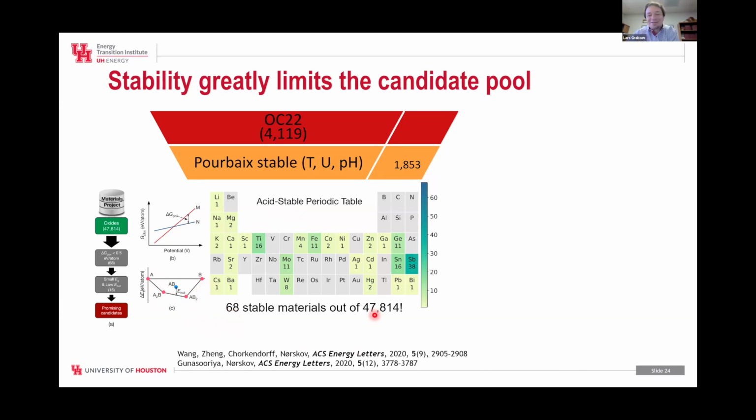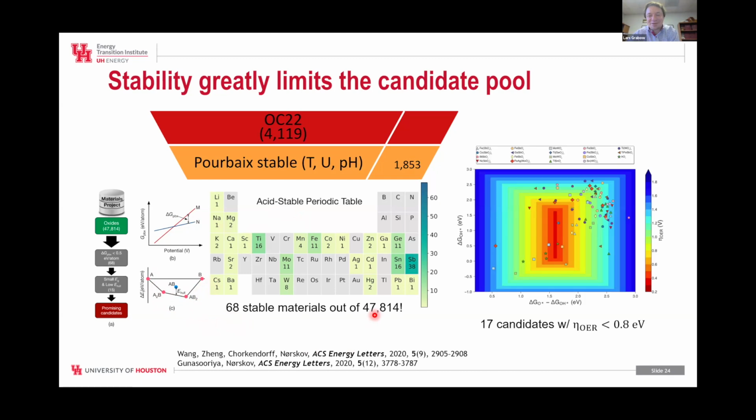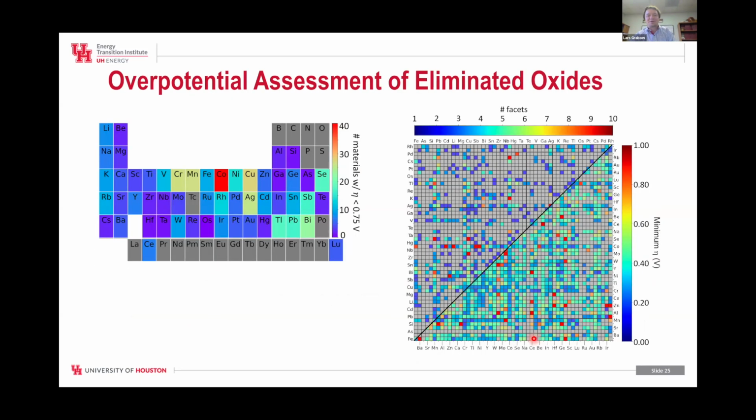So it's a huge down-selection just looking at the stability. And if you're looking at somewhat active materials, there are only 17 left. So the problem is that the stability eliminates a lot of the oxides. And so we wanted to see if we can find materials that are really active and then see if we can make them stable. So this is the idea now.